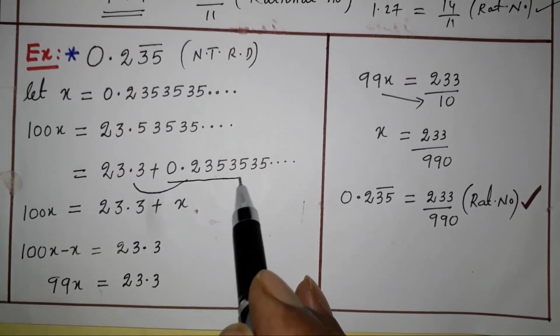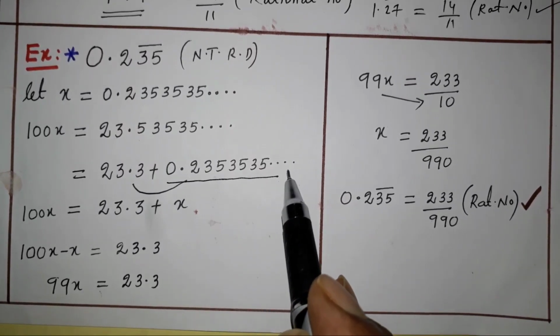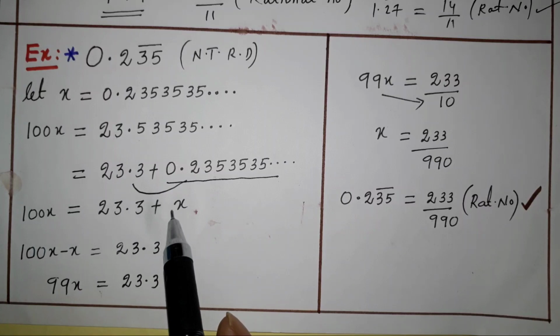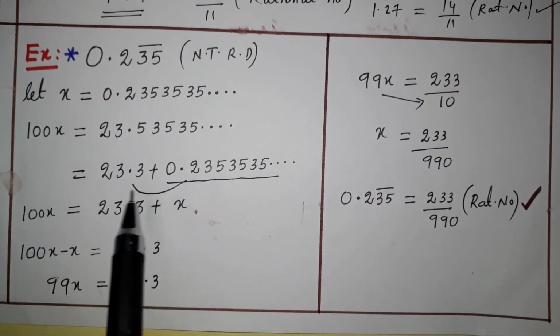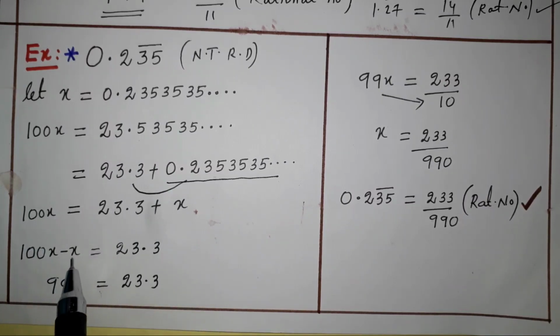This 0.2353535, etc. is known as x. Afterwards you transpose this x to this side. 100x minus x is equal to 23.3. It is 99x is equal to 23.3.